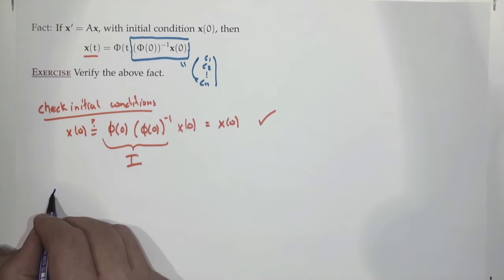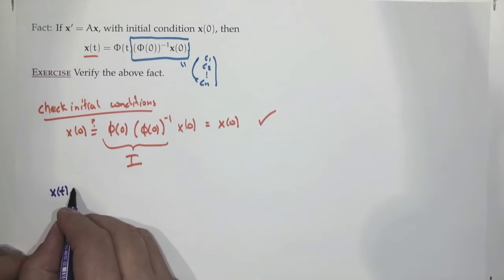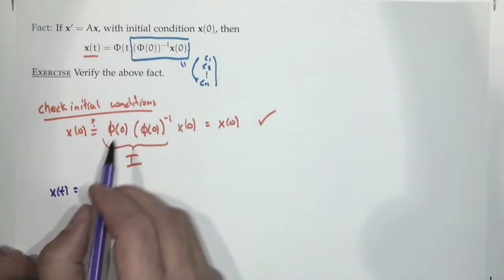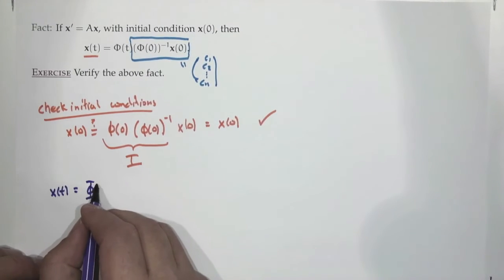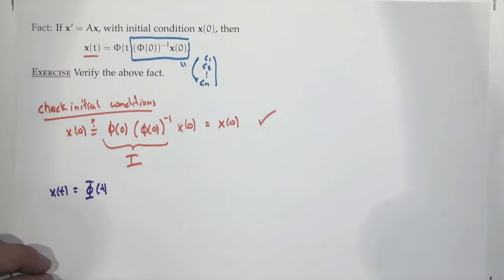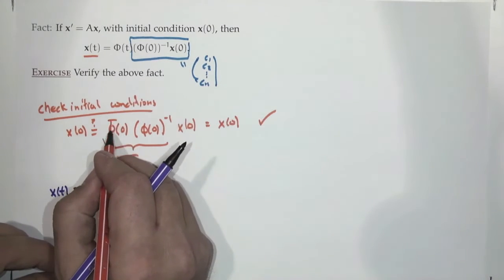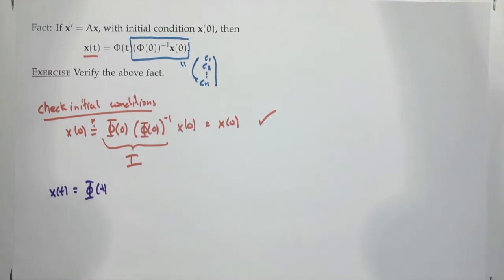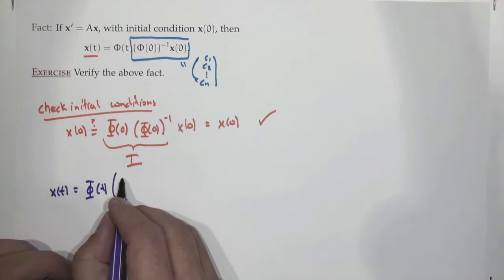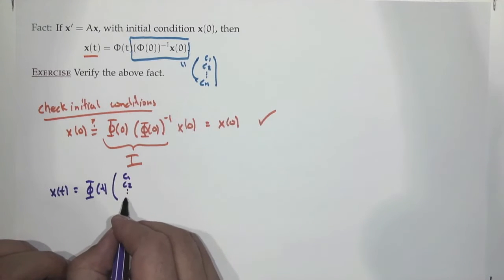Okay, so let's think about this. Notice, what is x of t? Well, coming back here, that's really phi of t. And now I don't know why I'm doing this, but half the time I write phi, I put these bars on, and half the time I don't. I'll try to be consistent. It's phi of t times some vector, c1, c2 to cn.